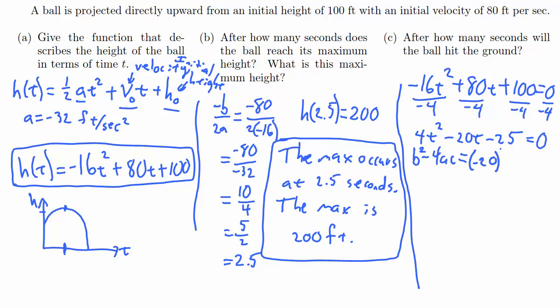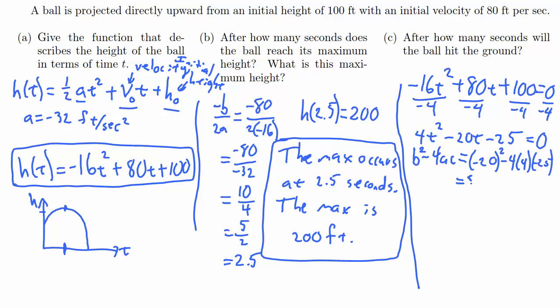So we have b, negative 20 squared, minus 4 times a, which is 4, times c, which is negative 25. Well, negative 20 squared is 400, and negative 25 times negative 4 is negative 100, times 4 is positive 400. In other words, this is 400 plus 400.